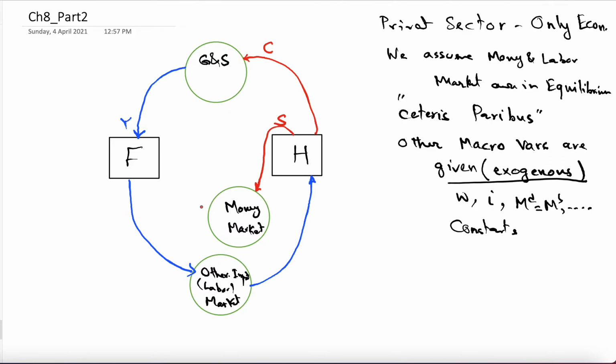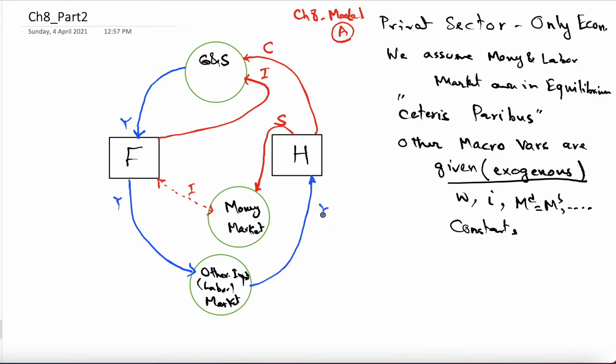I will use red here. This is investment, and the investment will go from there to here. This is the simplified model, model number 1. Chapter 8 is model A, I call it. The circular flow diagram is much simpler and looks like this.